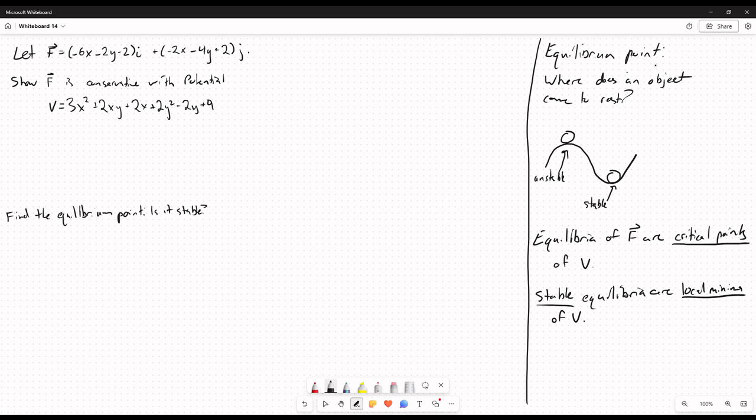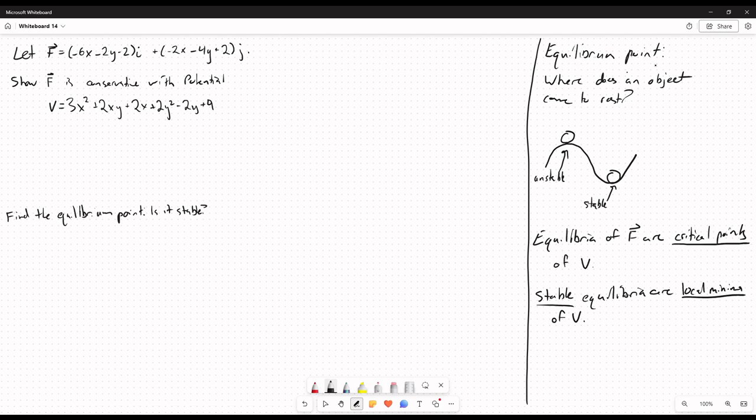So equilibrium points do relate to what we're doing in vector calculus because, let's remember, if we have a force function F, and if it's a conservative vector field, then it is the negative gradient of some potential function V. And basically, the equilibria of F are the critical points of V, and that makes all sorts of sense because the critical points of V are going to be where the gradient equals 0.